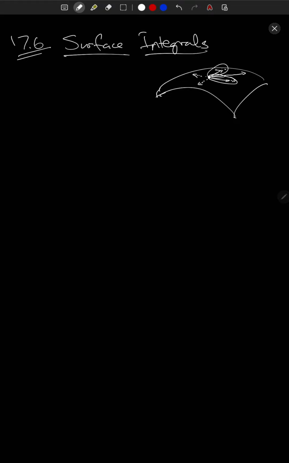Just think about it in practice. You are able to move in two directions being on the surface of the earth. You can move east and west, and you can move north and south. You can't really move up and down so much. So as far as you're concerned, the earth is a two-dimensional object.